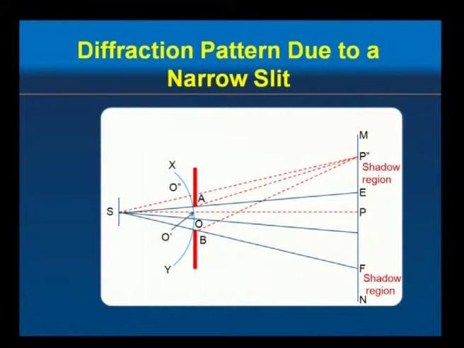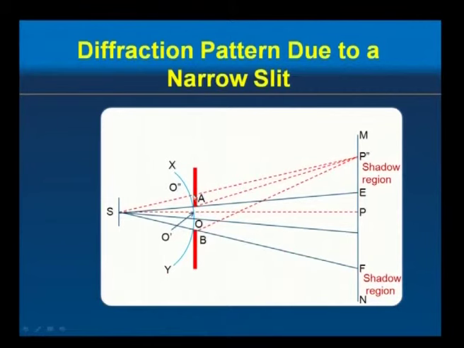Let me repeat again. For finding the intensity at P double prime, you connect P double prime to S, and O double prime is the pole. With respect to O double prime, you have to construct the half period strips. The first half period strip will be completely obstructed by this red region.